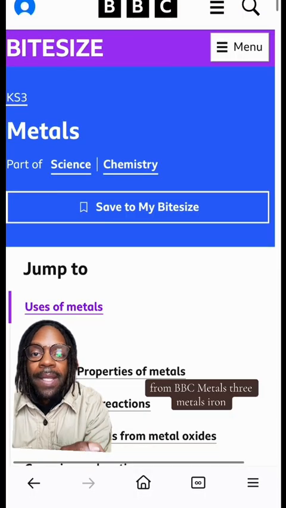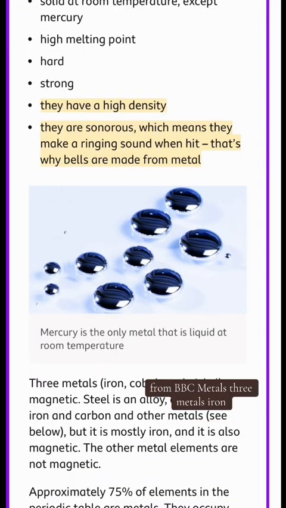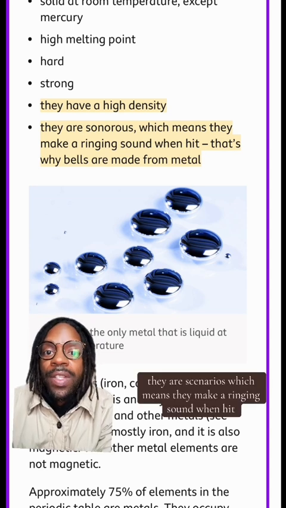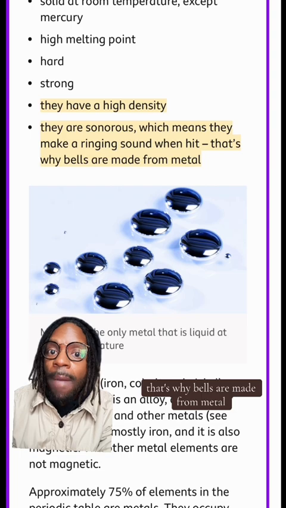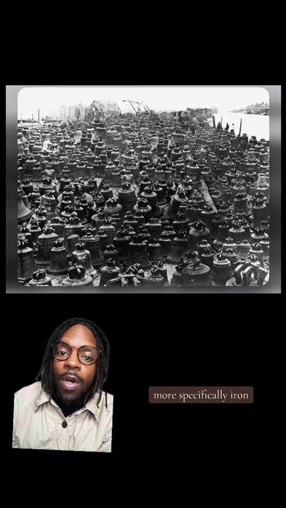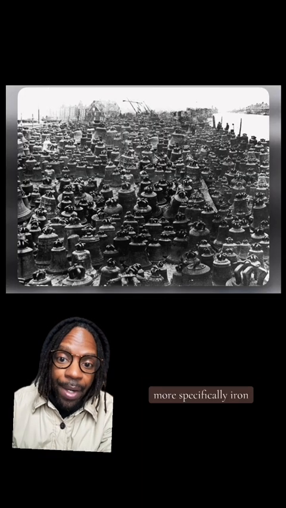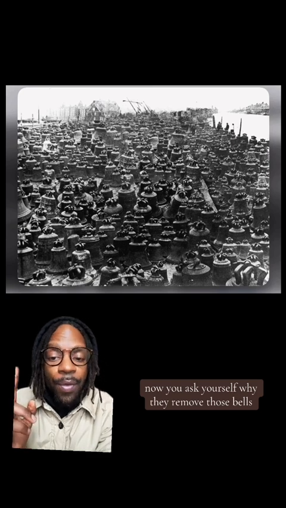From BBC metals, three metals, iron, cobalt, and nickel, are magnetic. They are sonorous, which means they make a ringing sound when hit. That's why bells are made from metal. More specifically, iron. Now you ask yourself why they remove those bells.